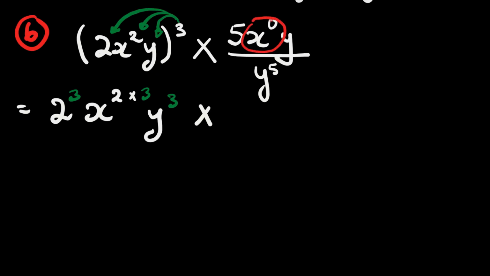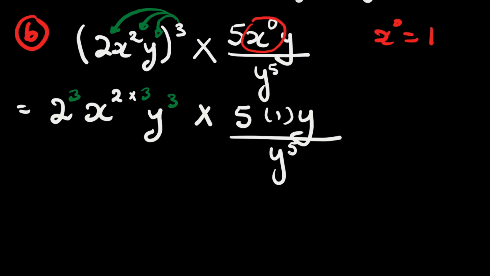We know that any number or any base to an exponent 0 is equal to 1. So we know that x to the power 0 is equal to 1. So it's 5 multiplied by 1. Then keep y as it is. This is over y to the power 5.